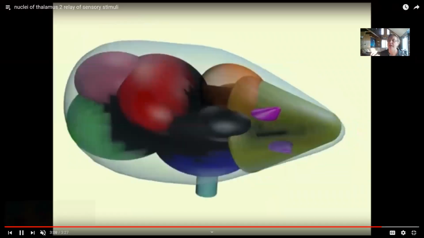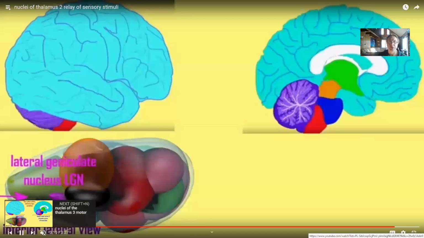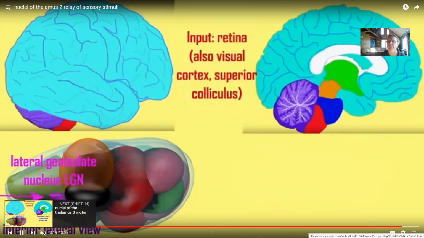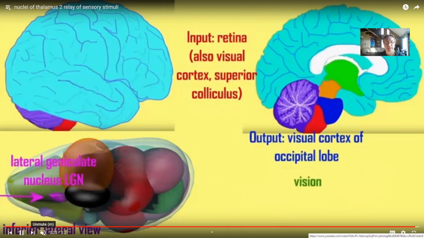So another big role of the thalamus is to relay sensory information coming from various parts of the body. So there's touch from the body, there's touch from the face, there's taste, there's hearing, there is vision, and so the thalamus is very important in these.